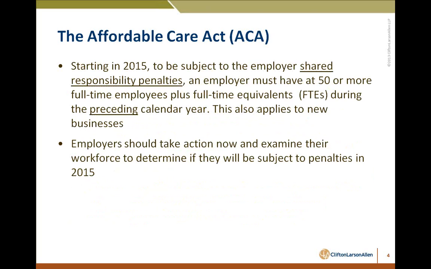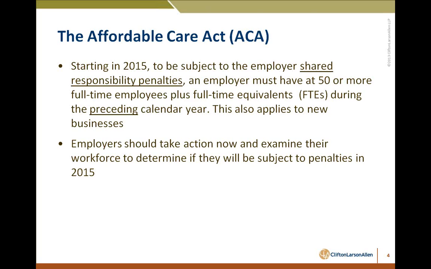So in 2015, to be subject to those employer shared responsibility penalties, an employer must have 50 or more full-time employees plus full-time equivalents during the preceding calendar year. So it's really important now to examine your workforce and look at how you count full-time employees and equivalents, because if you are that large employer, you would be subject to those penalties in 2015.